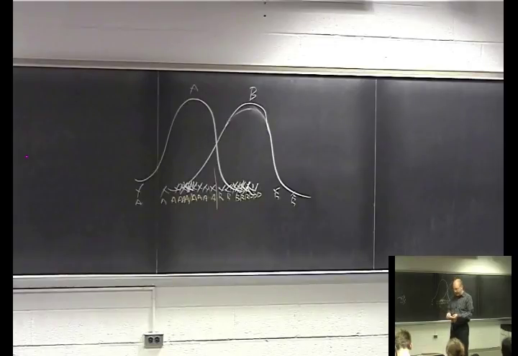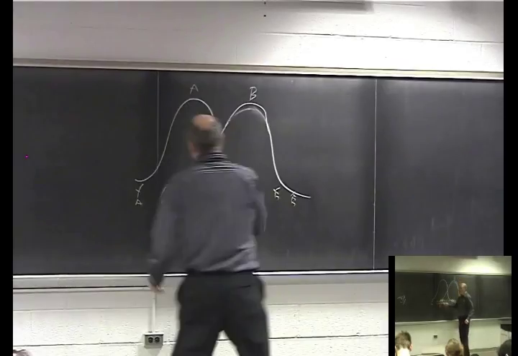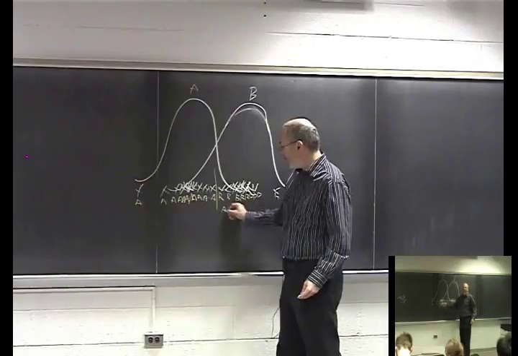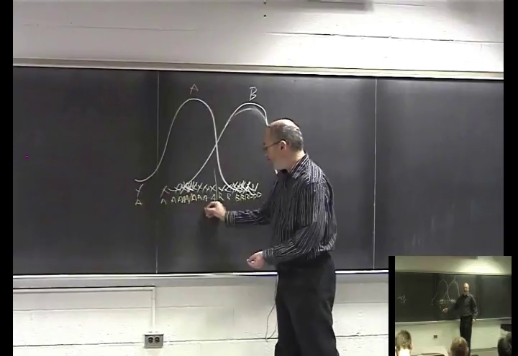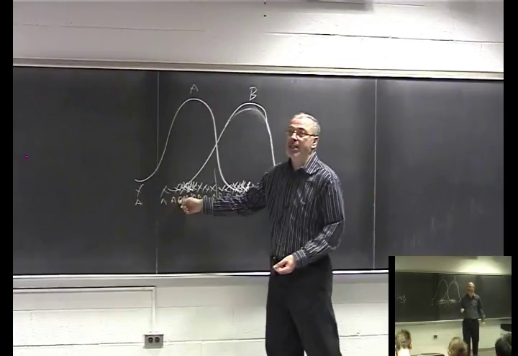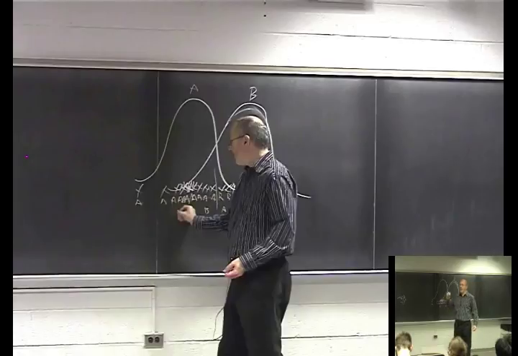Let me give this particular notation. Knowing which Gaussian these came from is something we call the latent variable or a hidden variable. It's something that's hidden that we don't usually know. If you use the word hidden, it should remind you of HMMs. It's like the state sequence.